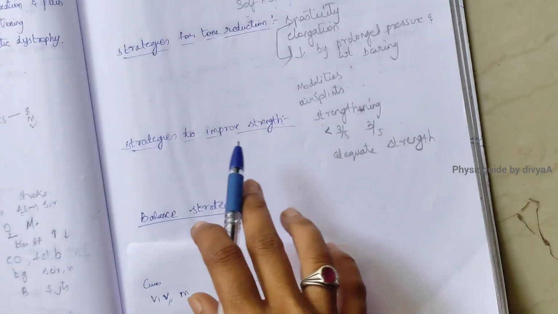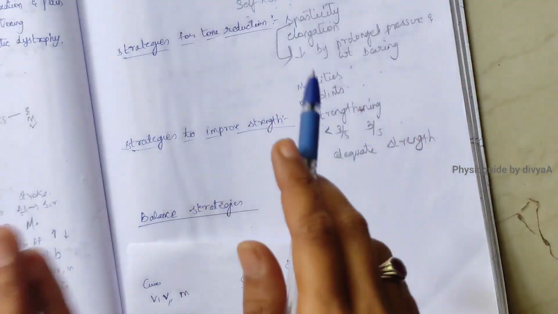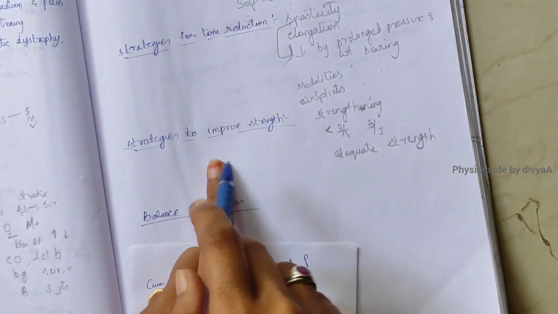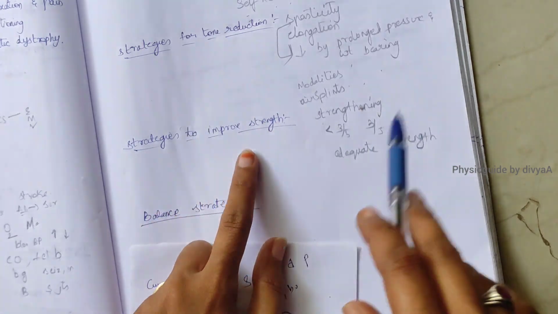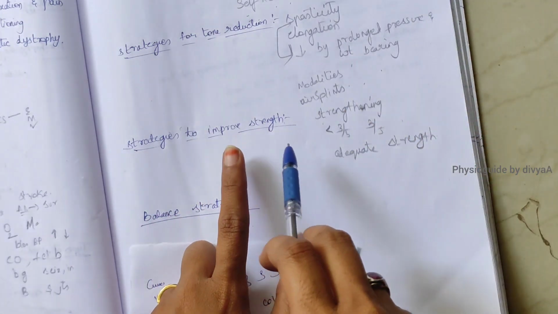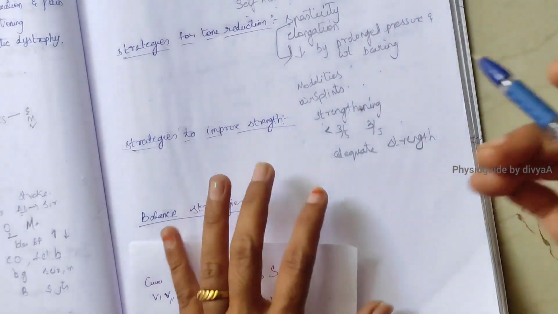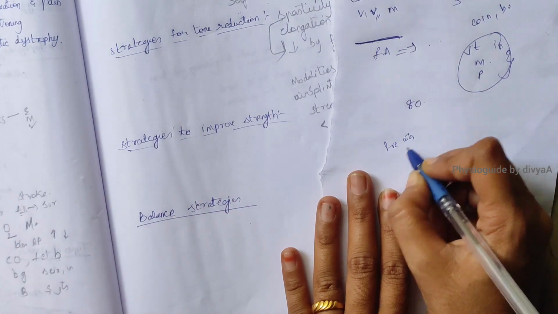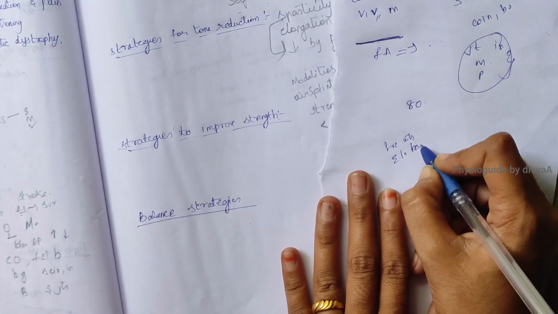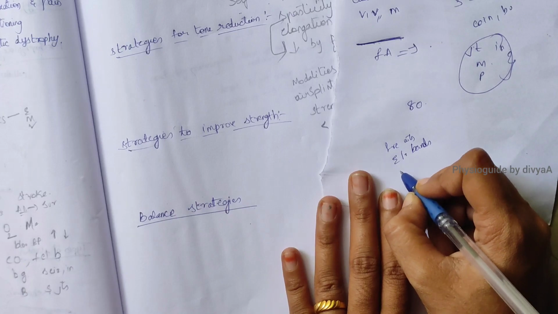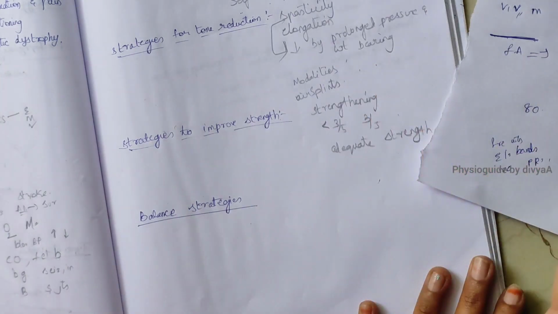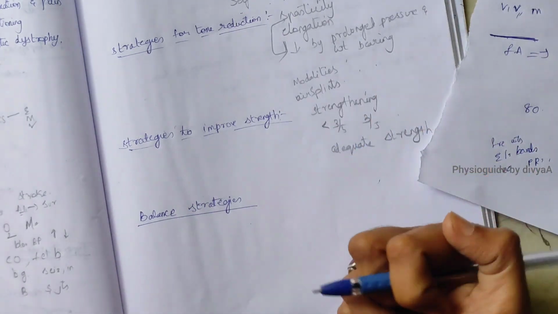Next, strategies to improve strength. Muscle weakness is a major impairment for stroke patients. Exercise modalities for strengthening include free weights, elastic bands, and machines. With the help of those we can improve strength.